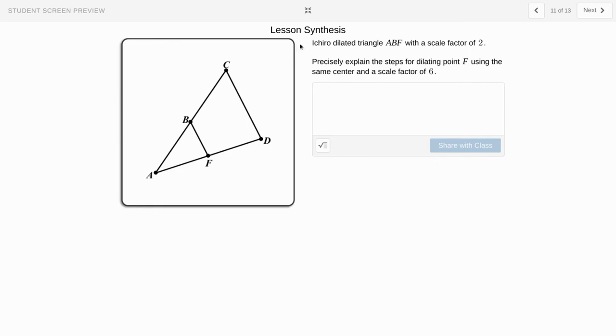All right. Ichiro dilated triangle ABF, so this smaller triangle, with a scale factor of 2. Precisely explain the steps for dilating point F using the same center and a scale factor of 6. Well, notice that we have 1 and 2 to get to D. And that's 2, all right?